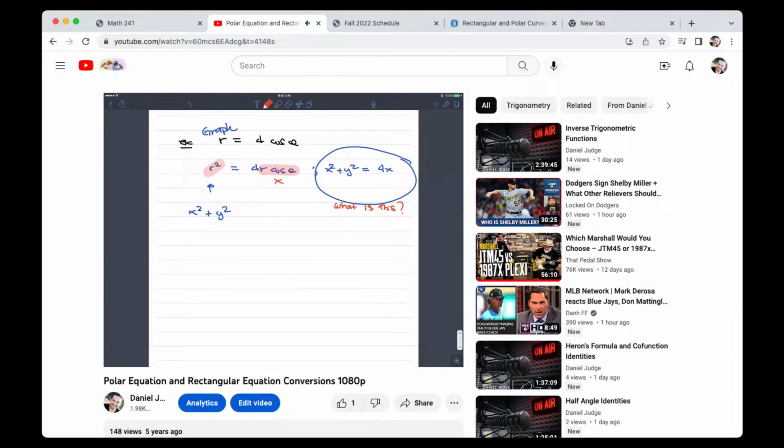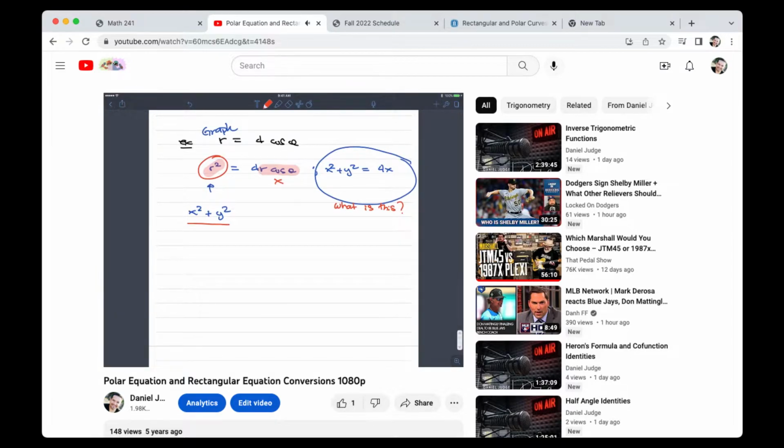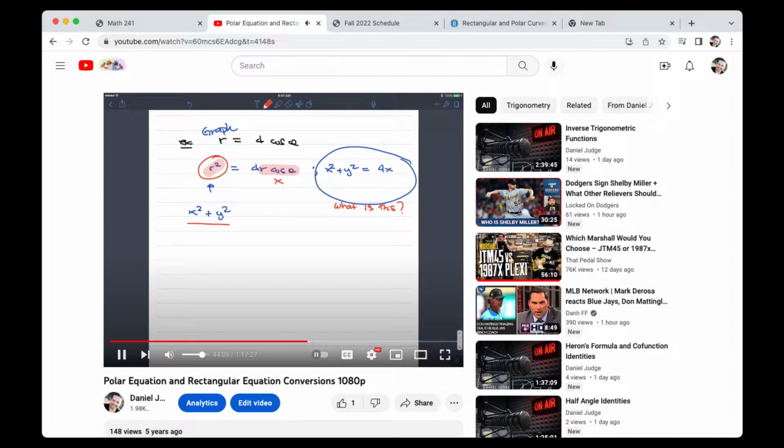R equals 4 cosine theta. Oh, we're going to complete the square. I'm saying, what is this? Is the volume down? Y squared. Remember that from yesterday? Pythagorean theorem? So that's another thing you want to recognize. You want to recognize all of those relationships. So I do have more if you guys want to see more.